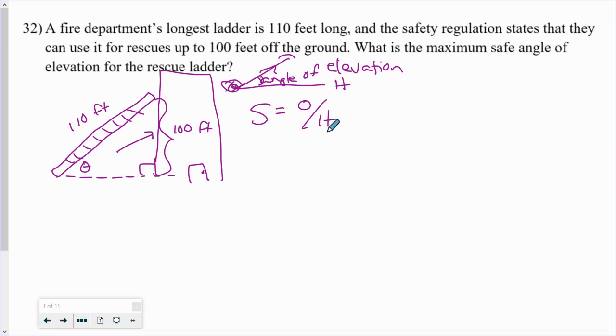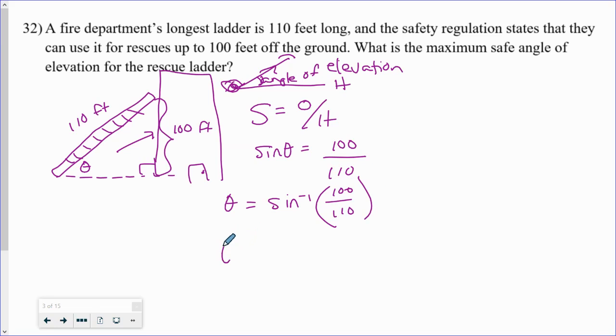All right, so the sine of the angle is the opposite, which is 100, over the hypotenuse, which is 110. So then theta is the inverse sine. Whenever we want an angle, we do the inverse sine of the 100 divided by the 110. So do that out in your calculator.